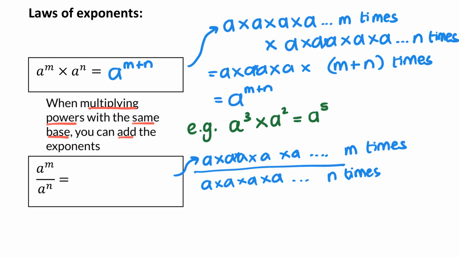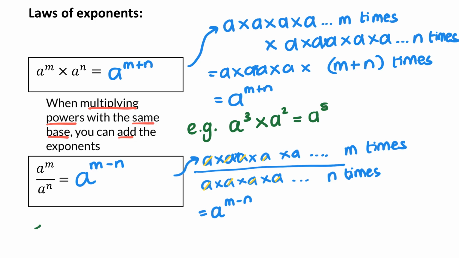To simplify this fraction, you'll be dividing numerator and denominator by the same factor, which would be a. And how many a's would be left? Surely the difference between the number of a's in the numerator and the number of a's in the denominator. So a to the power of m divided by a to the power of n is a to the power of m minus n.